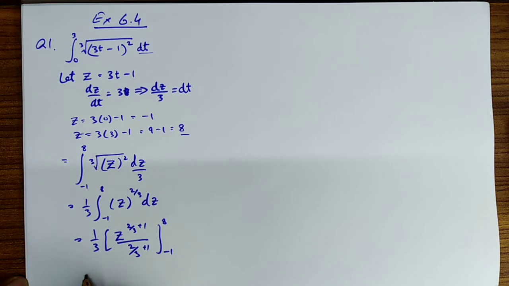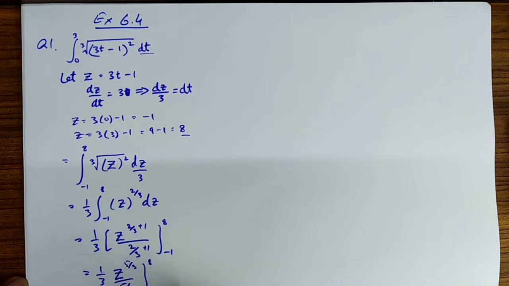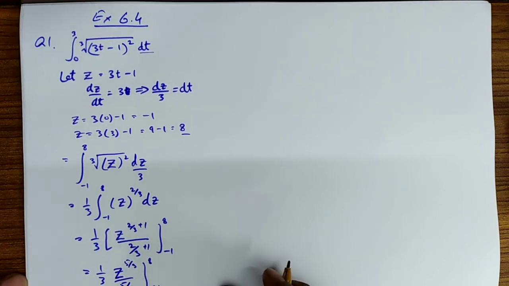So further simplify, 1 upon 3, this z power, that will give me 5 upon 3, 8 minus 1, right?